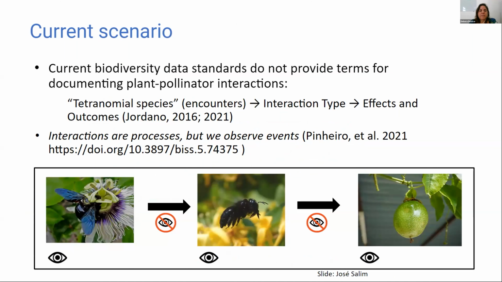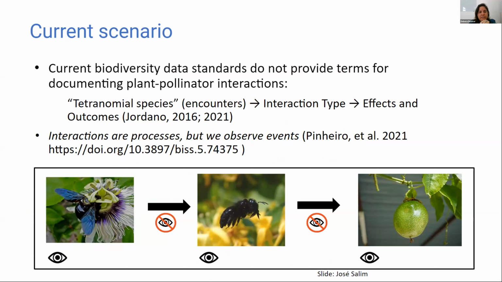What we call the tetranomial is the encounter. So we have the two organisms, usually the two species. Sometimes it's not determined at this level, but we have the two binomials and then the interaction type. And what we really observe are the events.